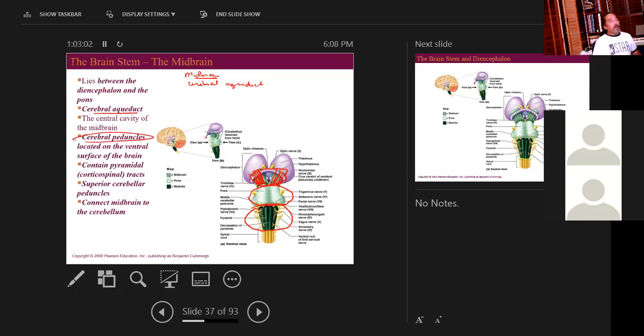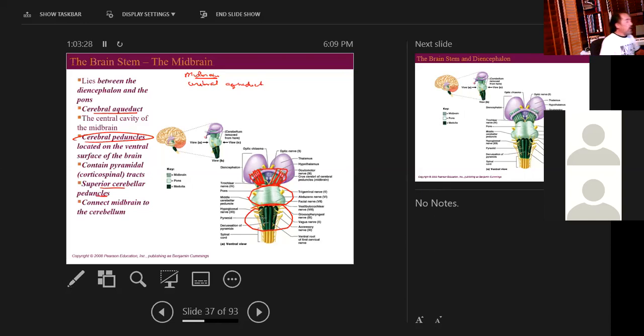Located in the ventral surface of the brain, they have tracts that pass through them, a pyramidal tract. And then there's going to be a superior cerebellar peduncle that connects this part of the midbrain to the cerebellum.